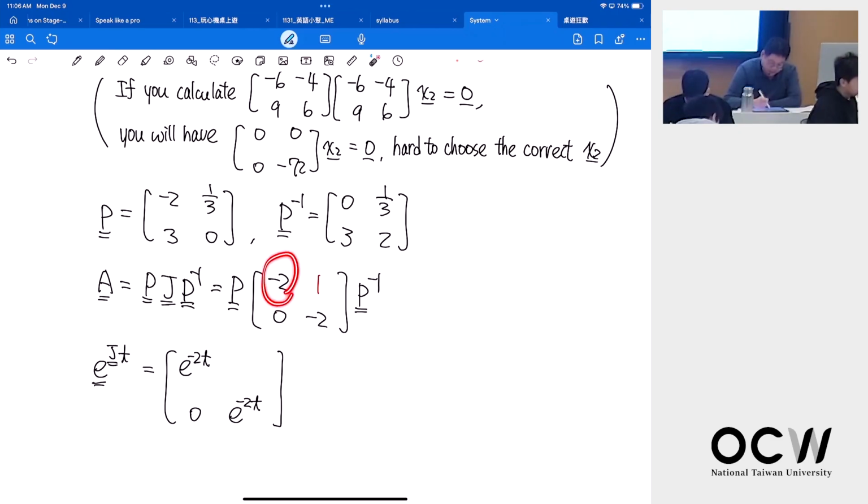Here's minus 2, so e to the Jt becomes e to the main diagonal elements. It will become e to the minus 2t. For this part, you don't need to care about this. For this part, take the derivative. If you take the derivative of e to the minus 2t, you get t times e to the minus 2t.